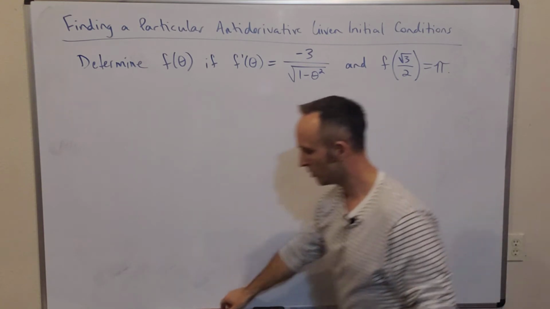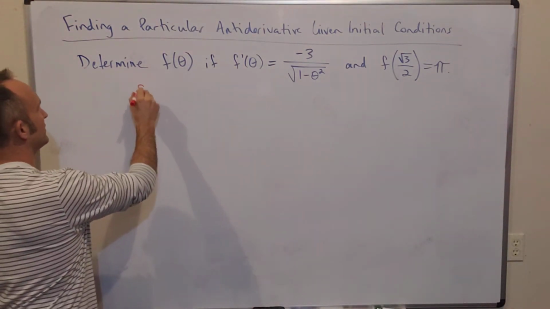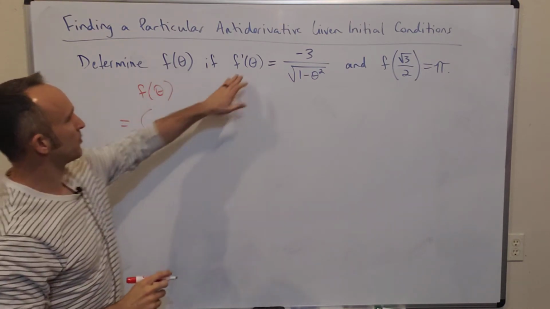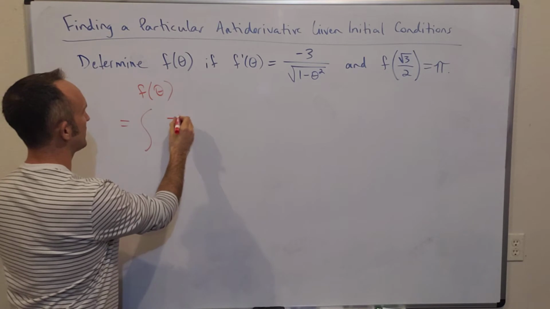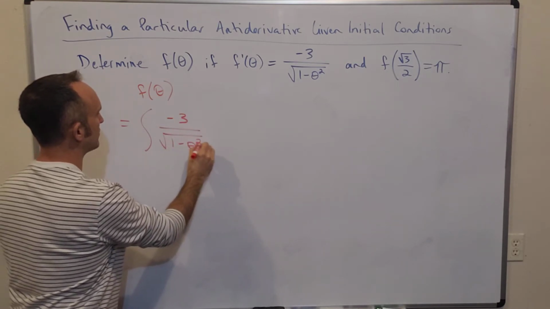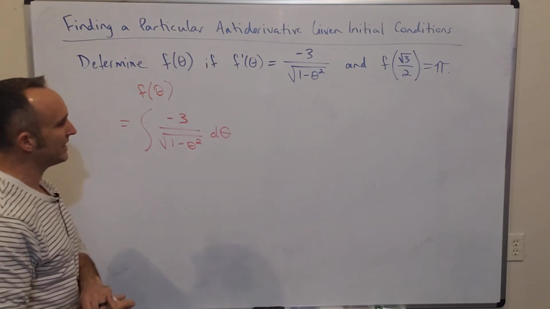So we're going to start by saying that f of theta equals the antiderivative of f prime, which is this function, -3 over the square root of 1 minus theta squared, d theta now, because our independent variable is theta.